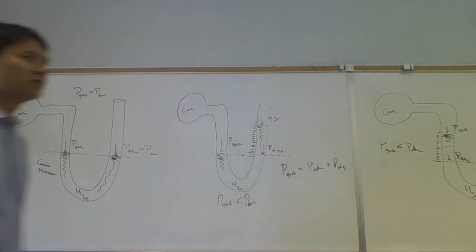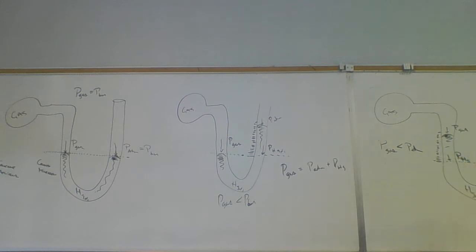And so that's what we have over here. You can see that the atmosphere weighs more than the gas. And so what we'll do is the atmosphere is equal to the gas pressure plus the liquid mercury pressure. We solve for the gas pressure. The gas pressure is equal to the atmospheric pressure minus the mercury liquid pressure.